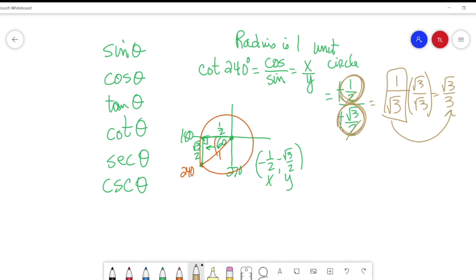Now, yes, sir. How do you know it's 60, not 30? Okay, you have to know that this is 180. And now, you're saying this. Well, I didn't point it out to you, but you always go off the x-axis. We can't say sometimes go off the x-axis and sometimes go off the y-axis. That's confusing. Would you agree?